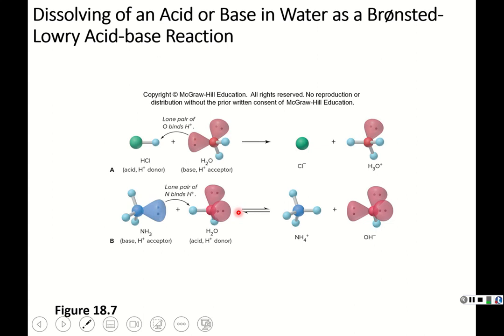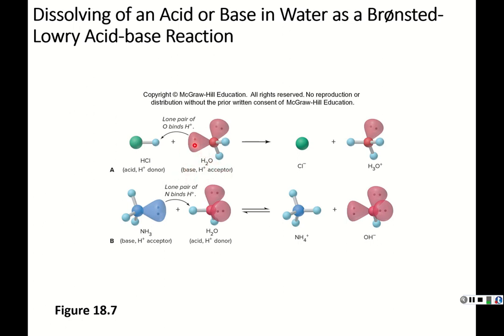And this is the figure the book uses. If we have HCl and water, we have a proton transfer. The proton goes from HCl, which is our acid, our proton donor. That proton is transferred to water, and because water accepts the proton, it's our base.